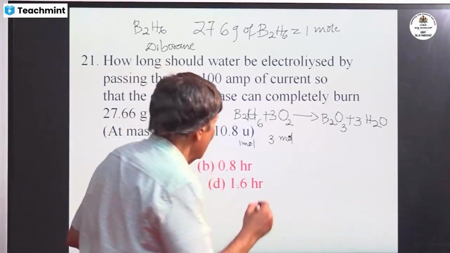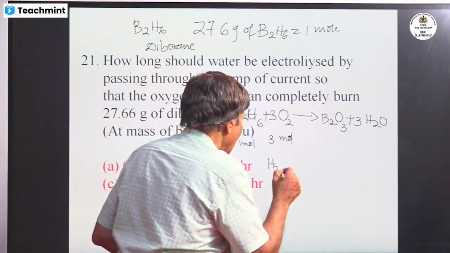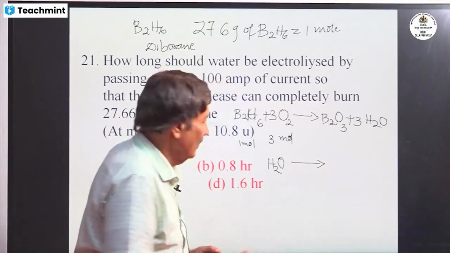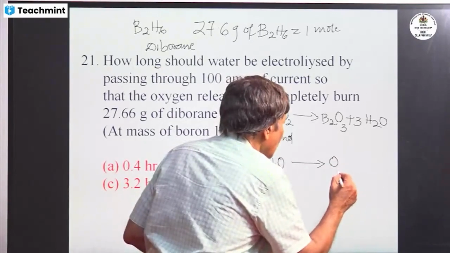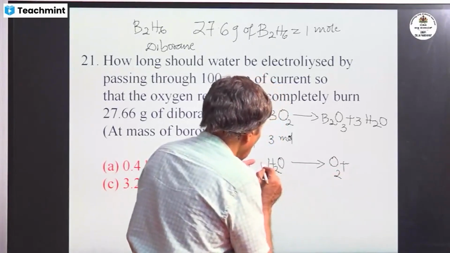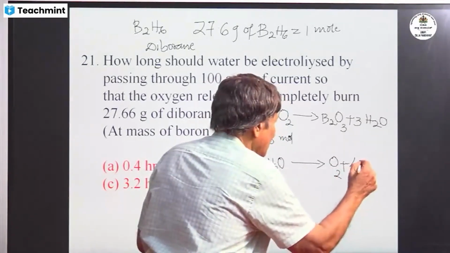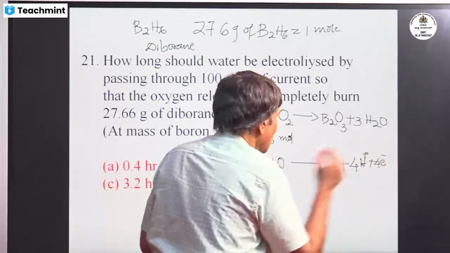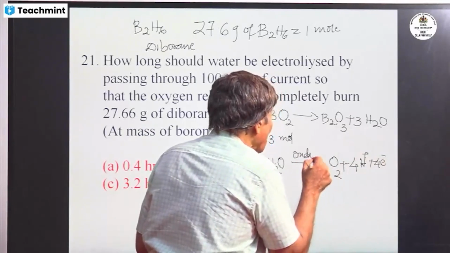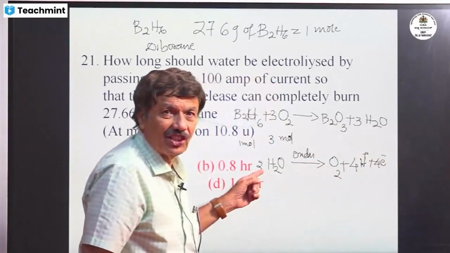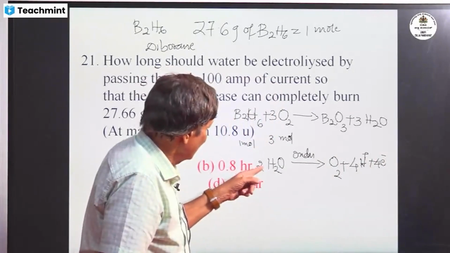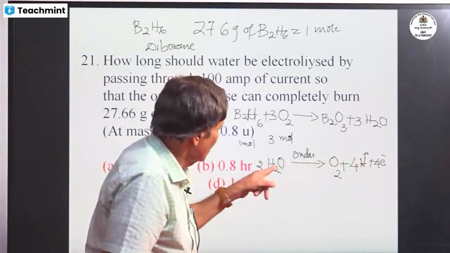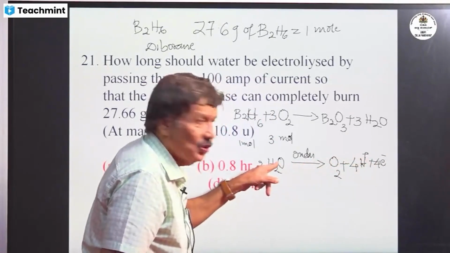Now let me go to electrolysis of water. Water gives O2, 4H plus, and 4 electrons. This is how you can write the oxidation of water. Since O2 you want, I have written 2H2O.